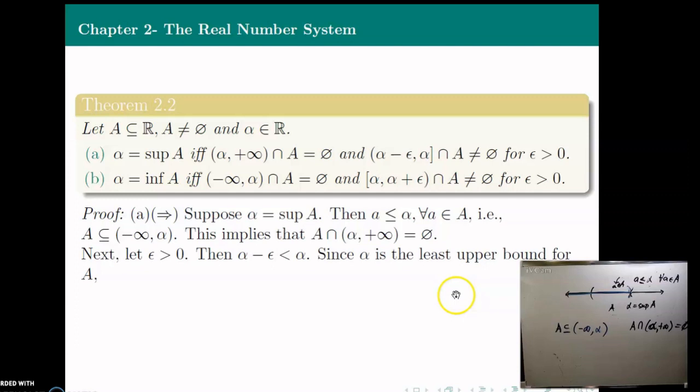Since alpha is the least upper bound, take note, for the least upper bound, it is the smallest among all the upper bounds.